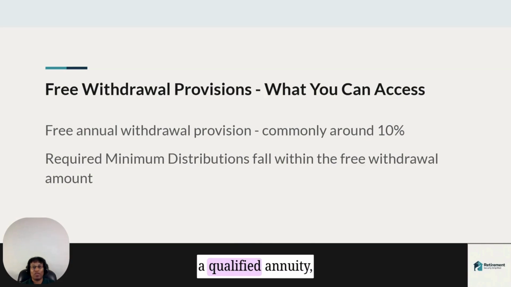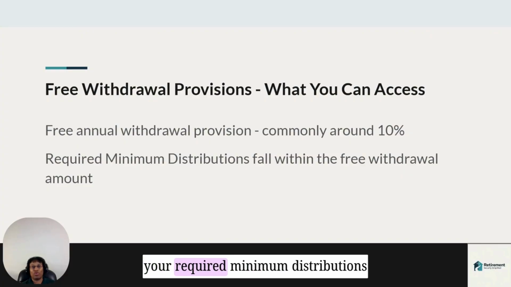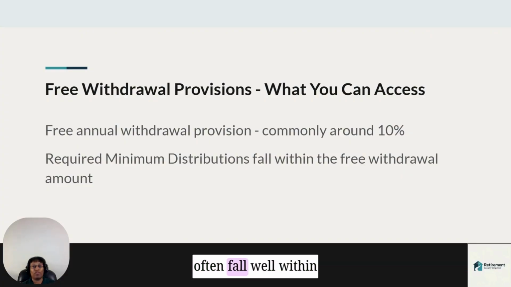If you have a qualified annuity, meaning it's holding IRA money, your required minimum distributions often fall well within that free withdrawal amount, which means for a lot of retirees, they can take exactly what the IRS requires them to take every single year without ever touching a surrender charge. That's a big reason FIAs are often used as a portion of retirement savings, not all of it. It's about knowing what job this money is doing in your overall plan.